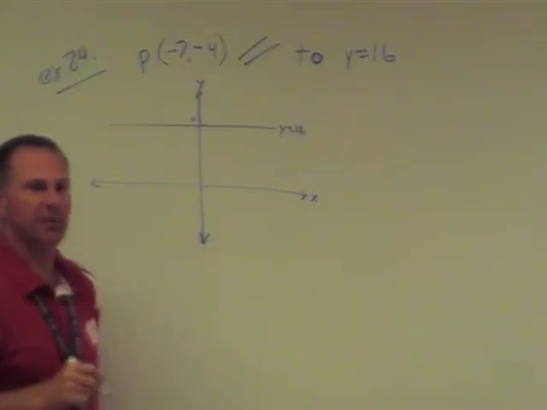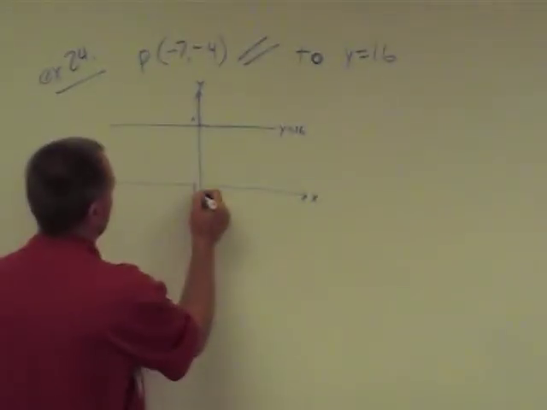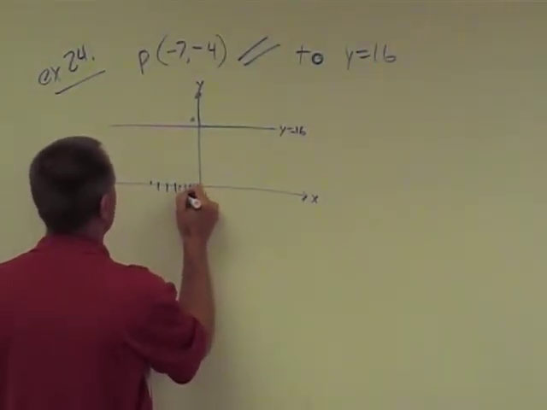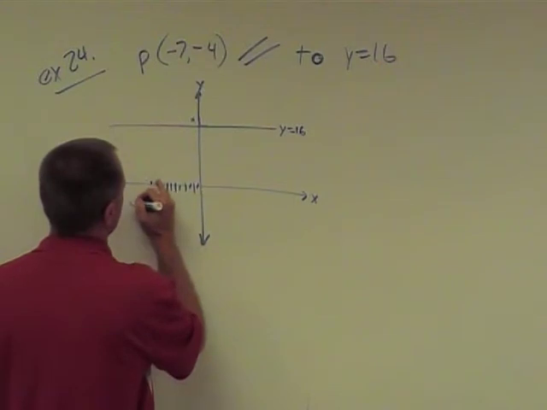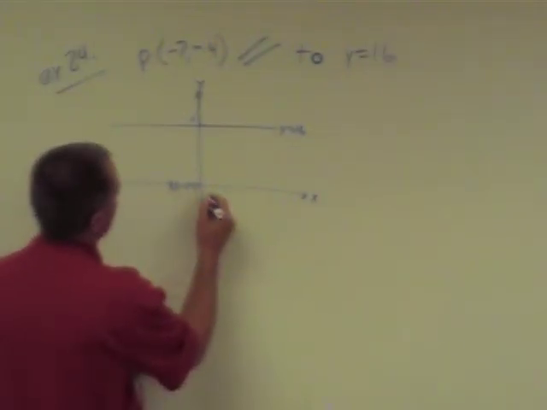Point P is at -7, -4. So visually this is easy to do. -7, -4. 1, 2, 3, 4, 5, 6, 7. Alright, here's -7, -4.